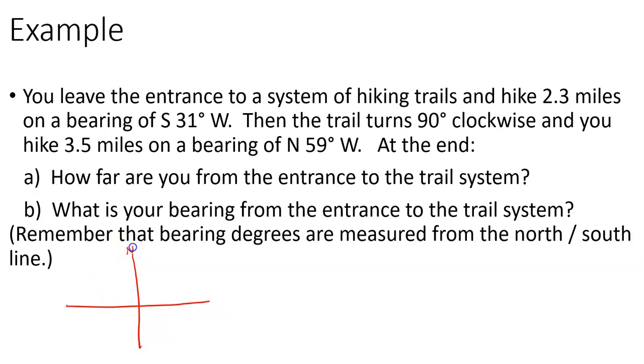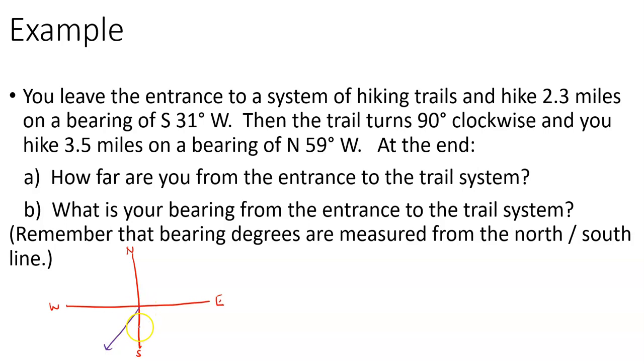All right, remember here's north, south, west, east. So you start at the entrance. Let's consider the origin to be the entrance. You walk 2.3 miles on a bearing of south 31 degrees west.